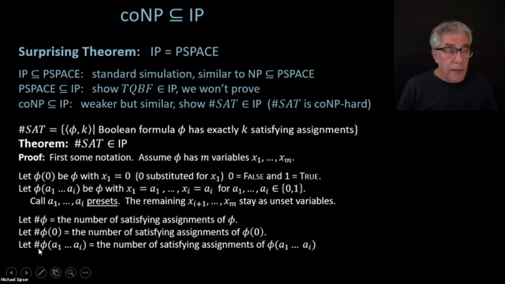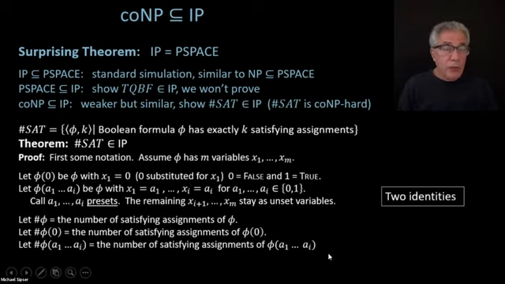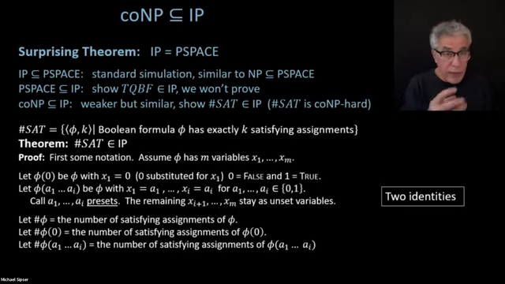And number phi of a1 to ai is where you've set the first i variables to those i values, and then you look at the number of satisfying assignments with those presets in mind. Okay, so there were two facts. I'm going to call them identities because we're going to rely on those, and we're going to actually extend those to the non-Boolean case, as we'll see shortly.